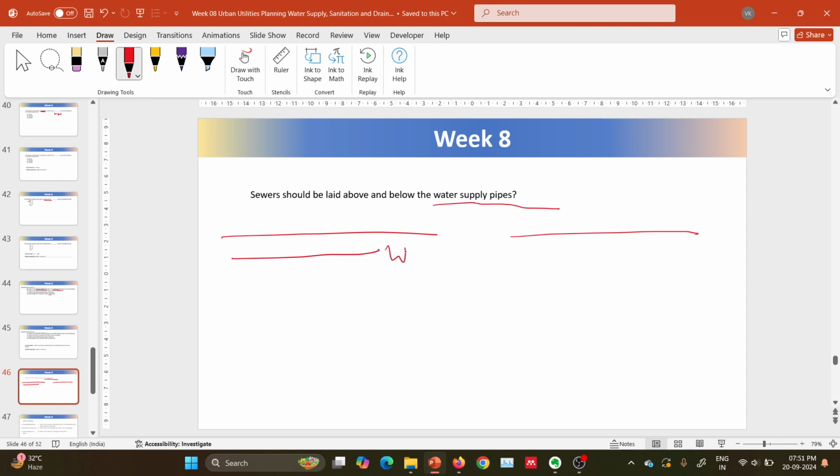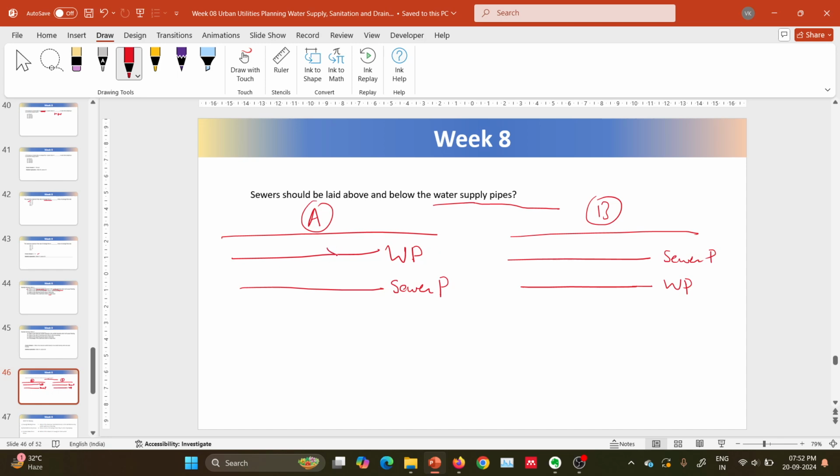These are water pipelines, these are sewer pipelines. So which one should be the ideal case for us? Oh, sorry. It should not be made like this, it should be made like this.